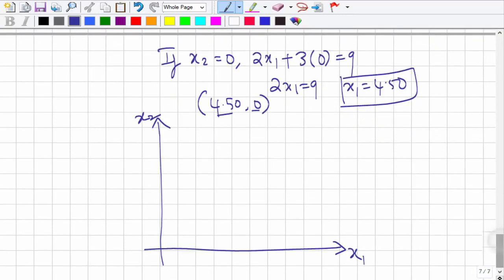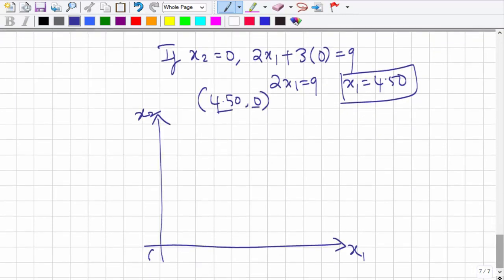Let's plot that. Let me number them: 1, 2, 3, 4. We have x1 4.5, so let me extend this a bit to 5, so in between we have 4.5. This is x1, and in x2 we have 0, then 1, 2, 3, and it goes.